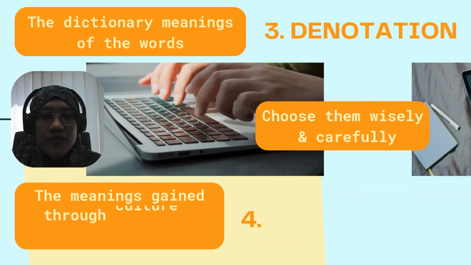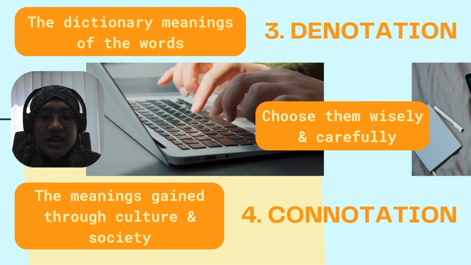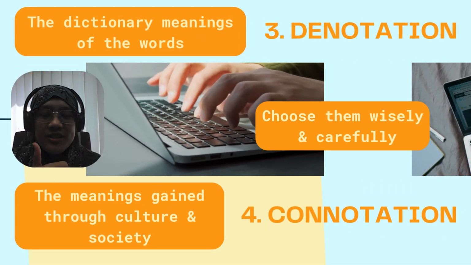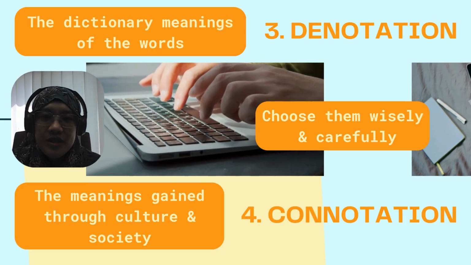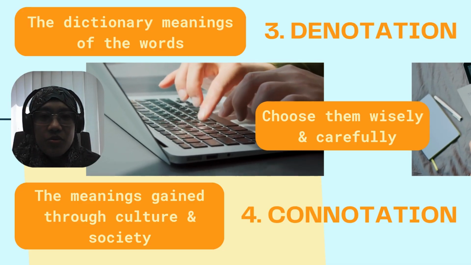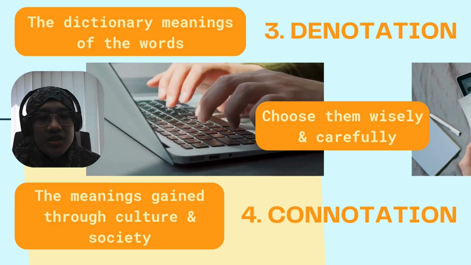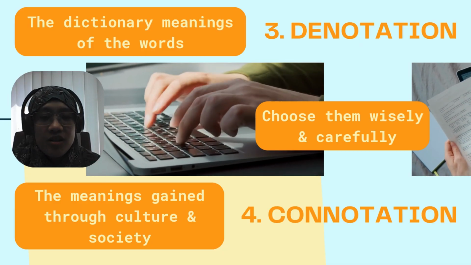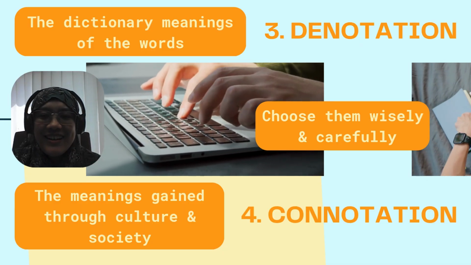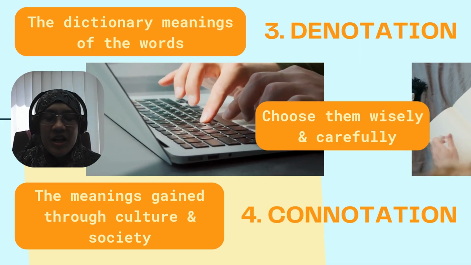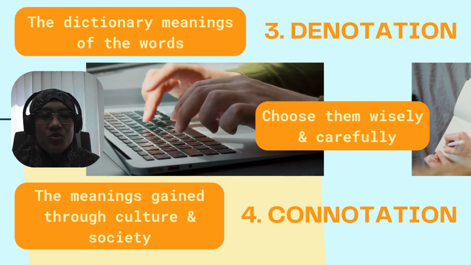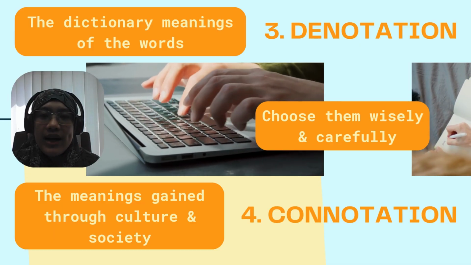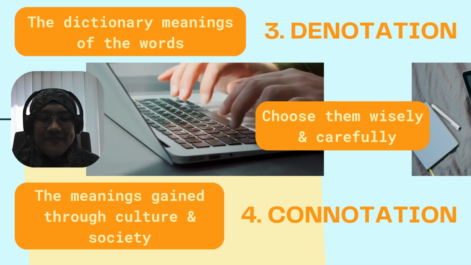The next two verbal cues that we are going to discuss are denotation and connotation. Denotation refers to the dictionary meaning of the words, while connotation is the meanings gained through culture and society. Now, ladies and gentlemen, when we are preparing for our presentation, we have to choose our words wisely and carefully.